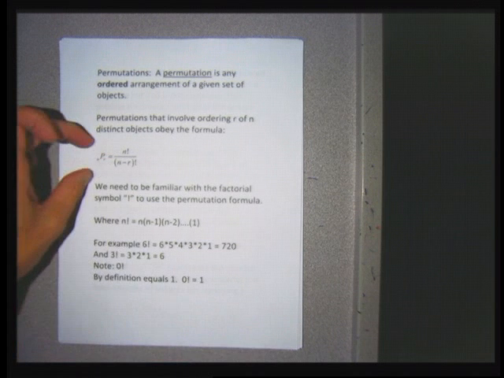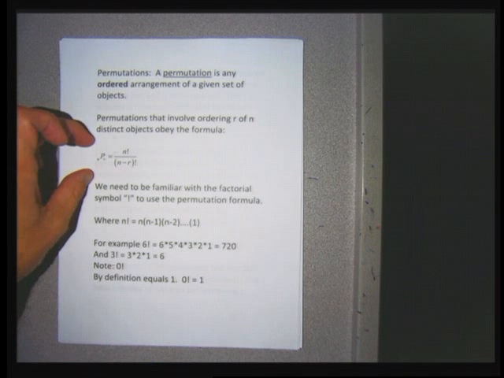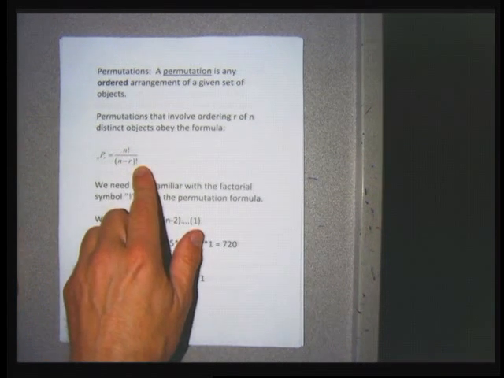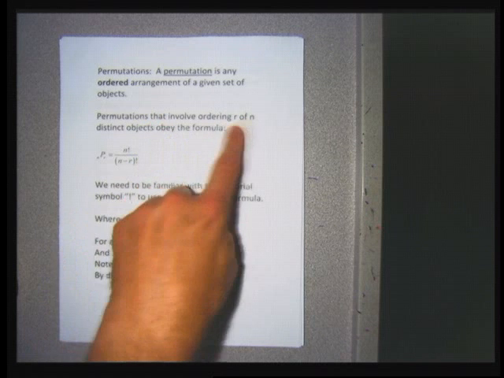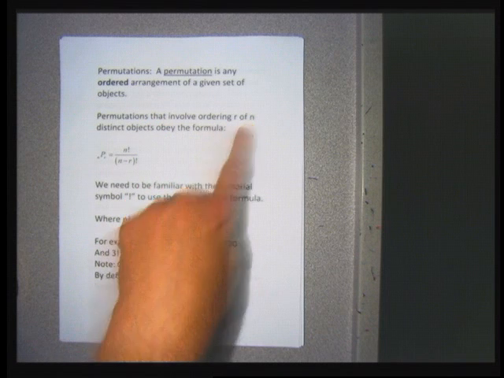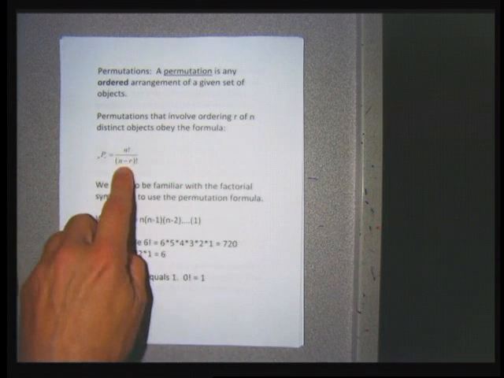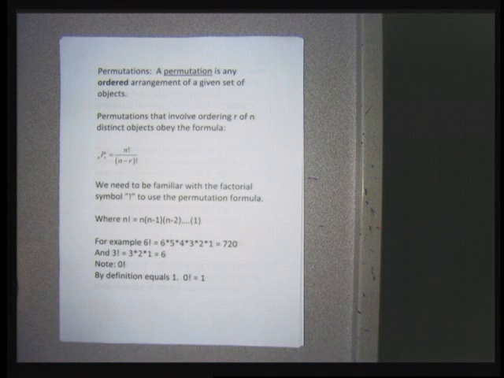There's a formula that involves permutations, and it has factorials. That's why I brought up the factorials to start. So this formula says if we're making a permutation of r of n distinct objects, they obey the formula n factorial over n minus r factorial.